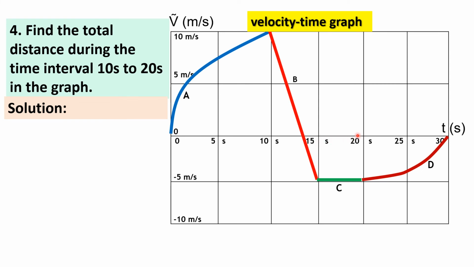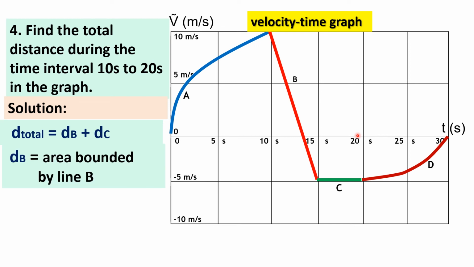So, based on these graph lines represented by segment B and segment C, we simply find the distance traveled during this time interval, and the method that we are going to use here, the graphical method, is simply determining the area that is bounded by the graph line B, the area bounded by the graph line and the time axis.